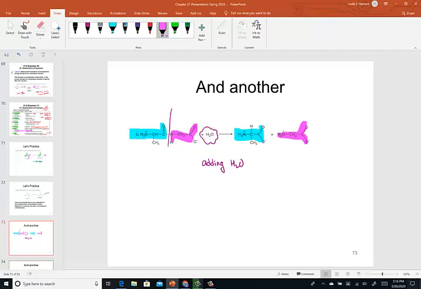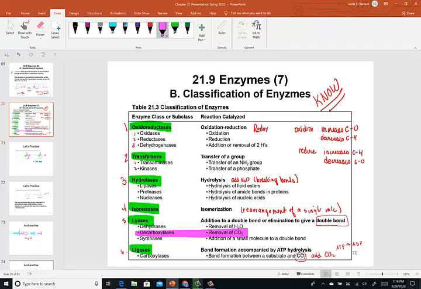So what does that fall under? We got to practice. Go into your chart and study what that looks like. Do you notice? We added water and broke bonds. So that brings us right down here, doesn't it? A hydrolase. And specifically, we broke the amide bond of an amino acid group, didn't we?